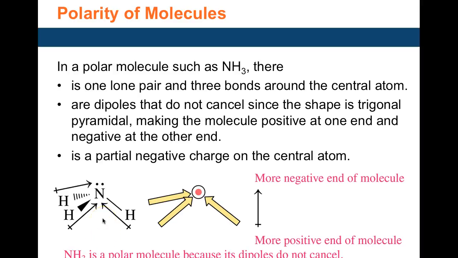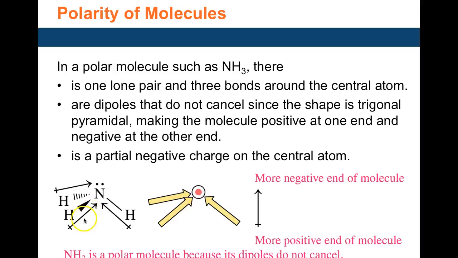Again, in ammonia, you see that there are three dipoles. And where are those dipoles pointed towards? They're all pointed towards nitrogen, which I think has an electronegativity value of 3, and hydrogen is 2.1. So that's a 0.9 difference.